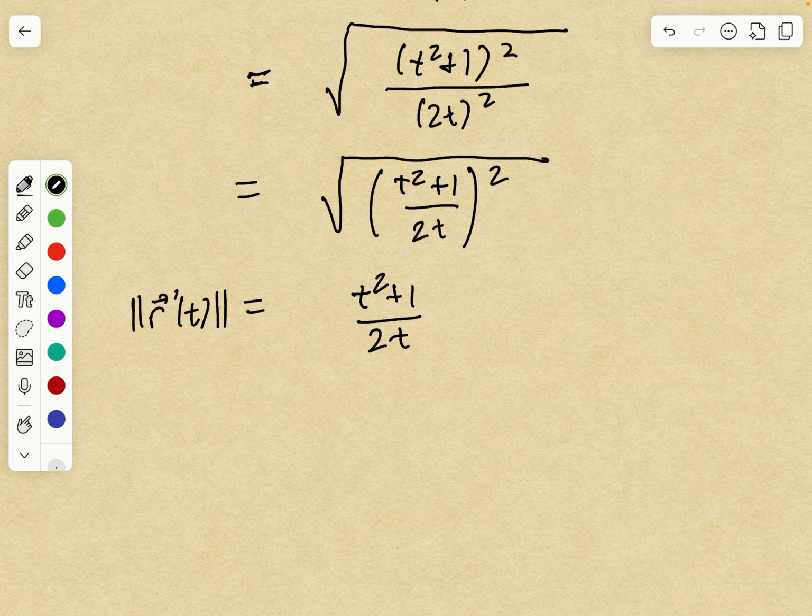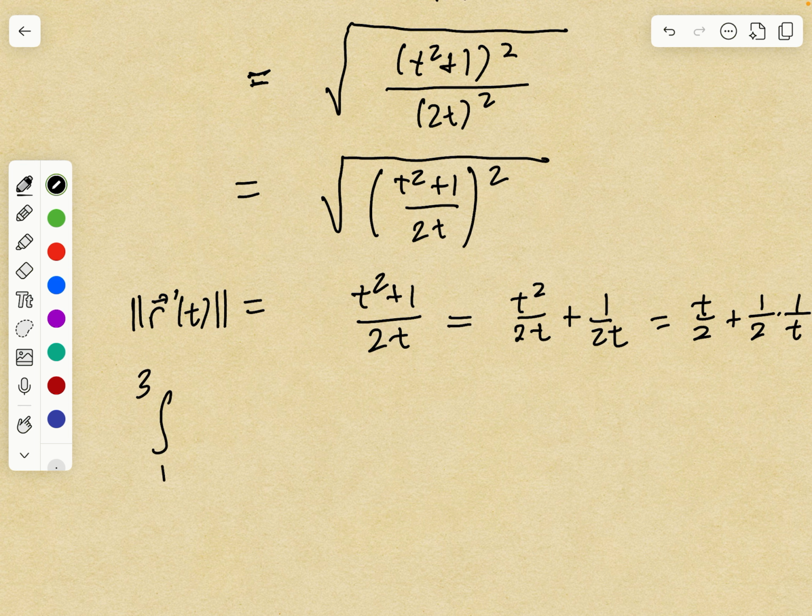And I need to integrate this. So how can I integrate this? I want to split up the fraction, right? I want to split this into t squared over 2t plus 1 over 2t. That's going to be t over 2 plus 1 over 2 times 1 over t. And now I integrate this from 1 to 3.